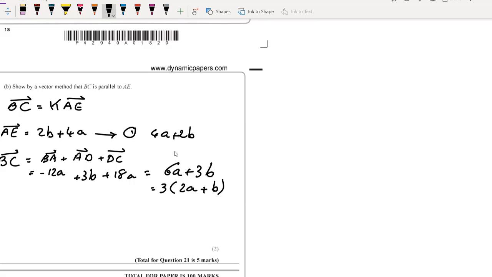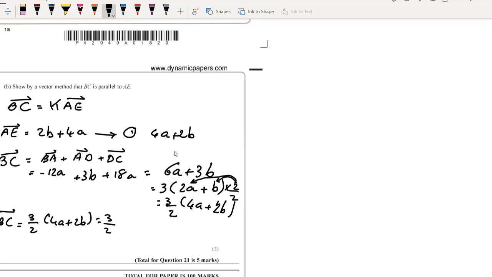Then in order for 2a to be 4a, I'm going to multiply by 2 up and down. So this gives me 3 over 2, and this 2 is going to enter inside the bracket. So it's going to be 4a plus 2b. Now, if I compare, I am going to find that BC vector is equal to 3 over 2, 4a plus 2b, which is AE vector.